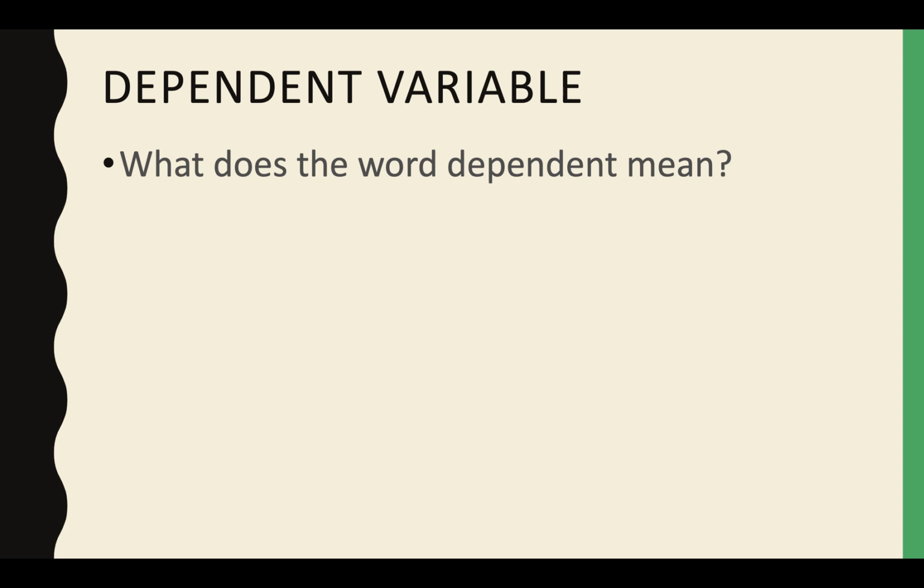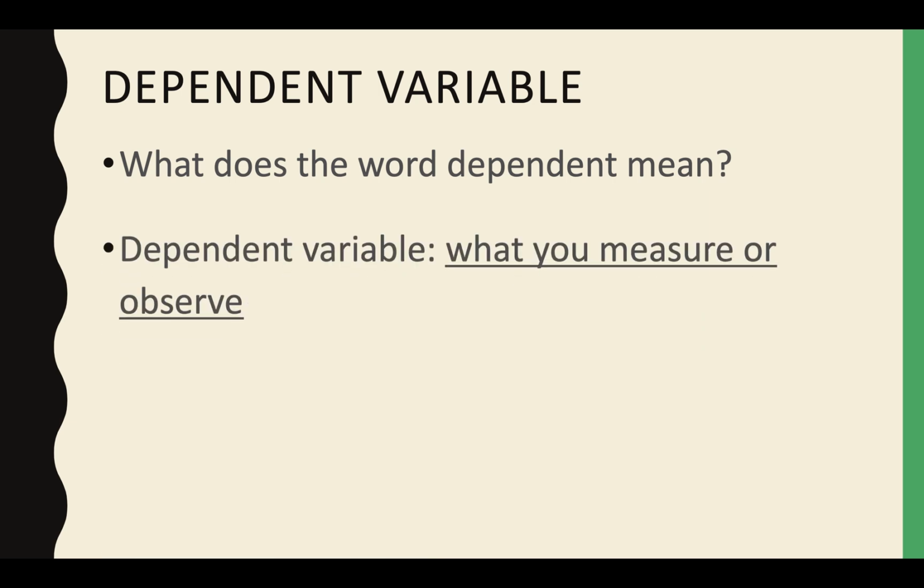Therefore, whatever they do affects you. A dependent variable is dependent on the independent variable, meaning whatever the independent variable causes is a dependent variable. Or in other words, what you measure or what you observe is a dependent variable. It's usually the results.